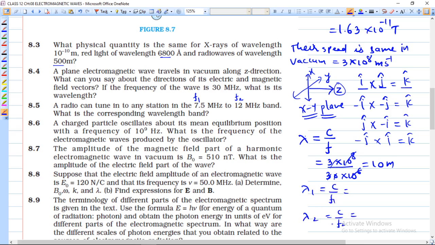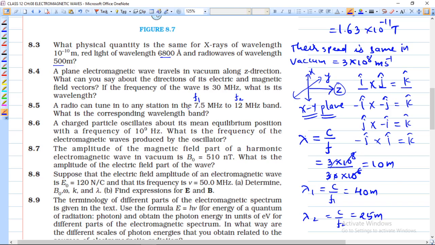You have the value of C and you have the values of F1 and F2 also. So just replace these values and you will get the answer: for less frequency you will get more wavelength, that will be 40 meter. And for more frequency you will get less wavelength, and that will be 25 meter.